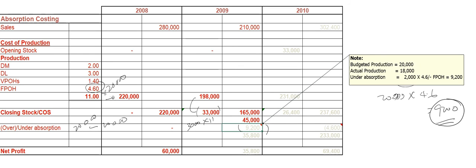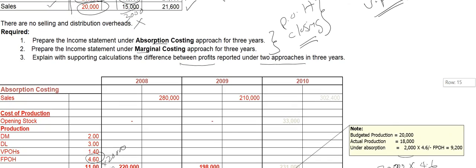The fixed production overhead cost has not been fully absorbed to the production overhead cost, so therefore there is under absorption. So you need to deduct it from your gross profit to arrive at your net profit, 35,800. Is that clear? Okay, now let's move on to 2010.